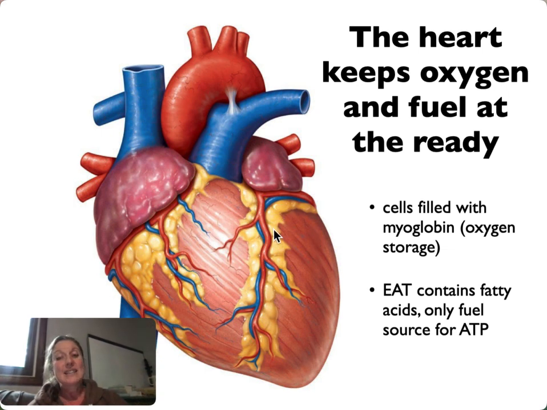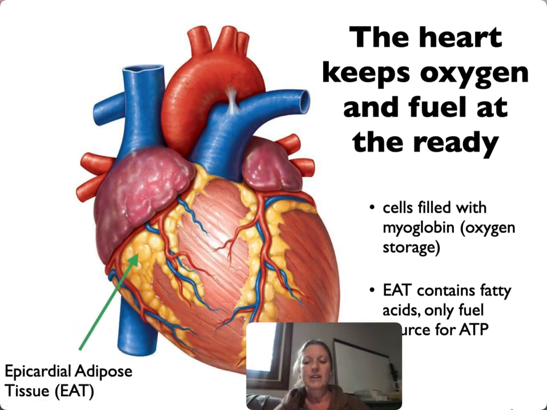And so these fatty acids can be harvested by the heart to make ATP on demand. So this does not mean that your heart is unhealthy. It actually means that your heart has snacks that it can use whenever it needs them. Okay, oops, there's our epicardial adipose tissue.